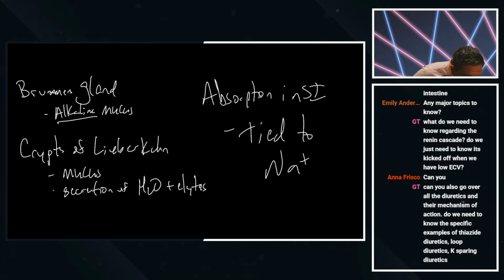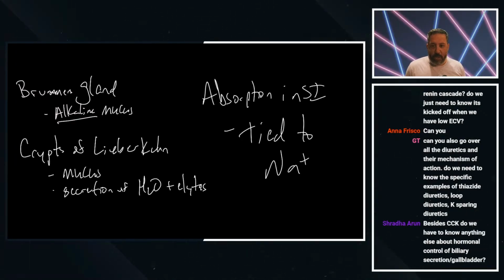So the first question is about the renin cascade. You just need to know that renin is released from the macula densa in response to low effective circulating volume, and that it's going to make aldosterone at the end.